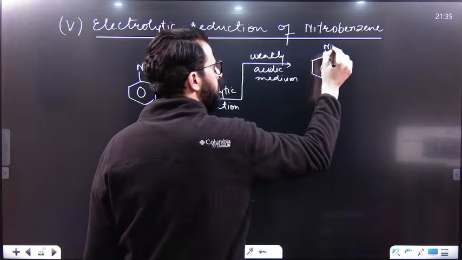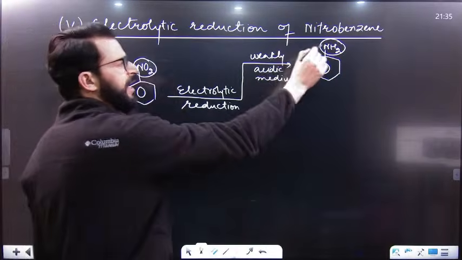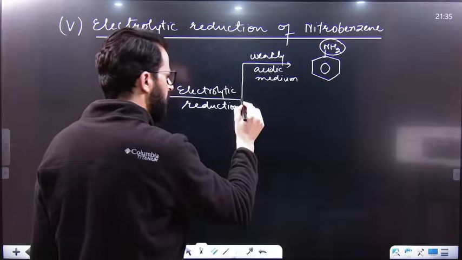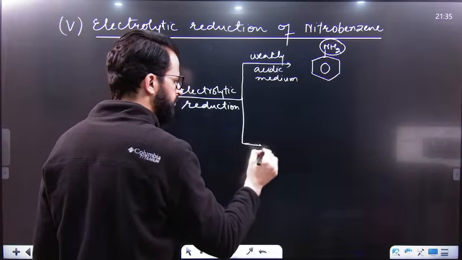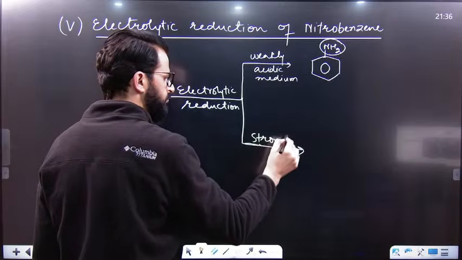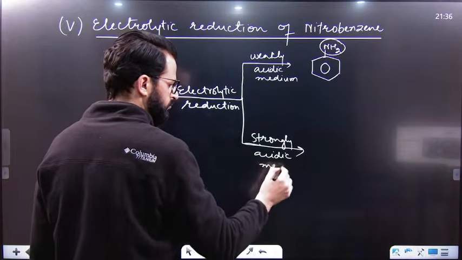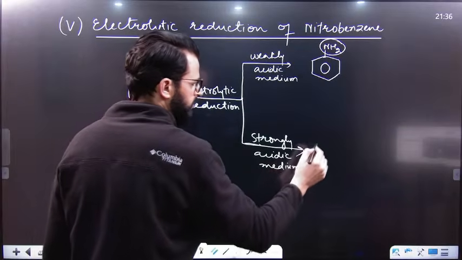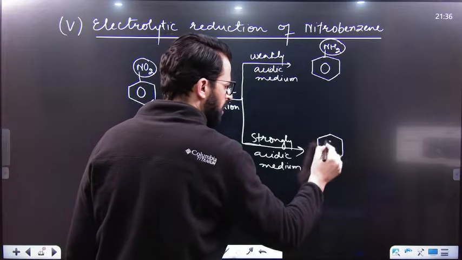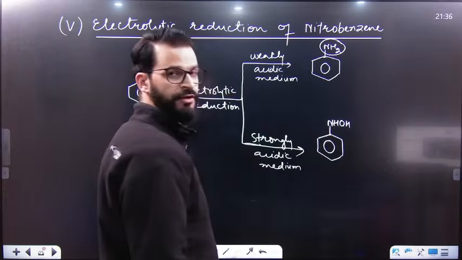That means in weakly acidic medium you have to replace this NO2 by NH2. But in strongly acidic medium, you have to convert this NO2 into NHOH. That means hydroxylamine will be formed first.